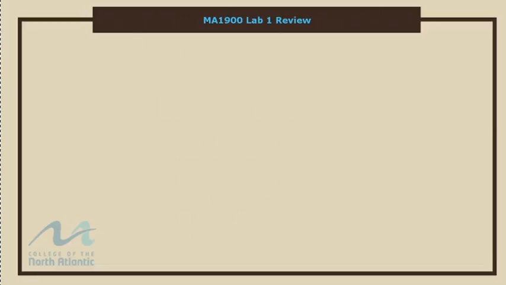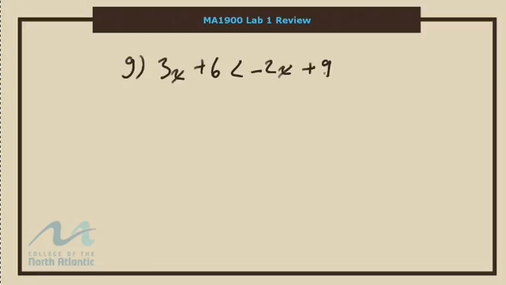Now we get to G. Try it again. G is 3x plus 6 is less than minus 2x plus 9. Alright, so I'm going to do the same thing again.